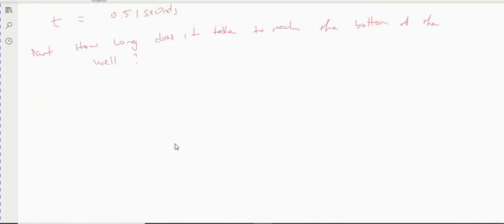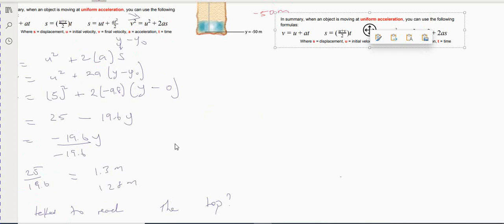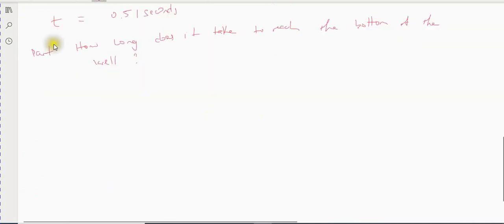Now we want to find t in that case. So this is what we have to use.